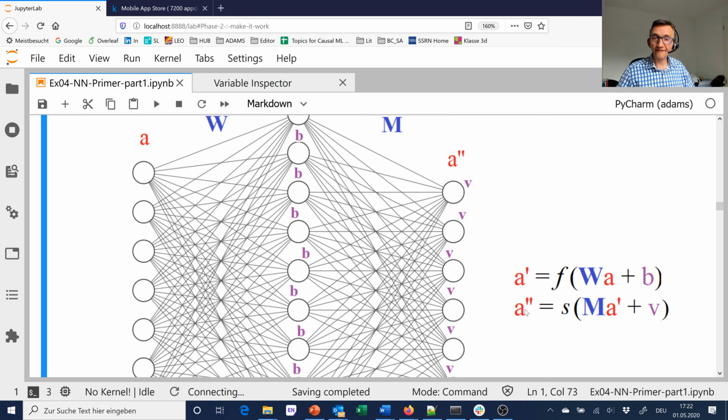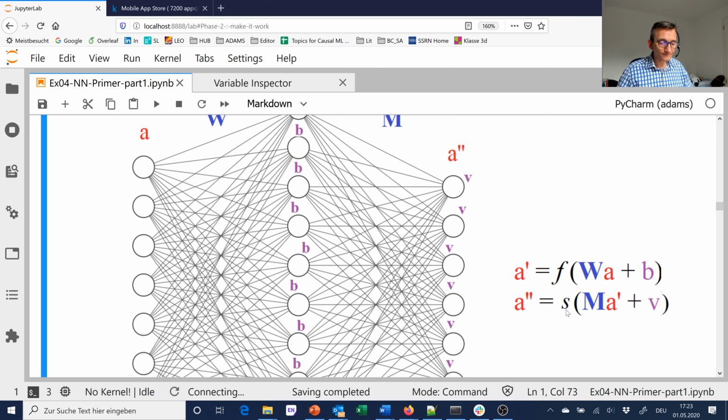Then the final output of your neural network would be this A prime times another set of weights, M, plus another bias, V, plus some added nonlinearity, S, which for classification will be the softmax function. So this S is to represent softmax.